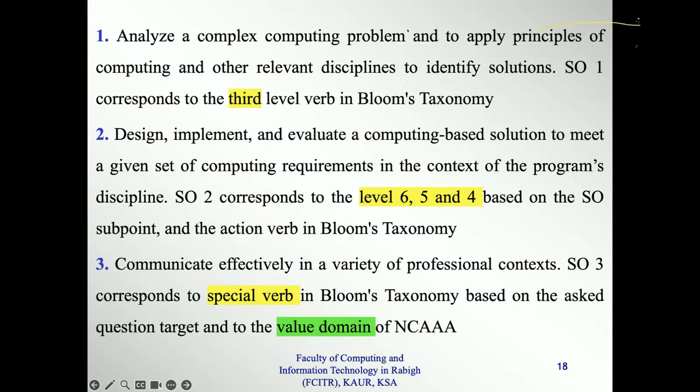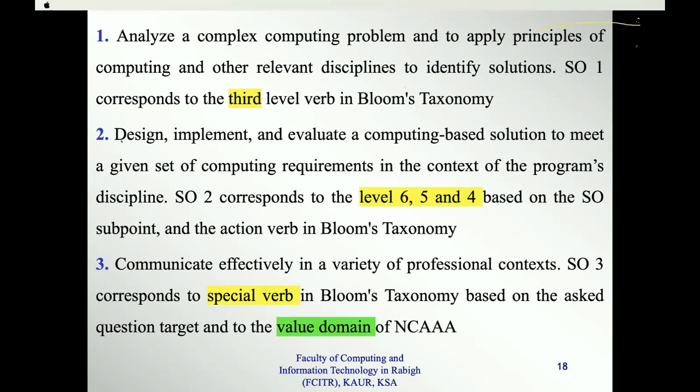Yes, okay. So the first student learning outcome is analyze a complex computing problem and apply principles of computing and other relevant disciplines to identify solutions. This is student learning outcome number 1 in ABET, and it is the third level in Bloom taxonomy as I map it, which is apply.